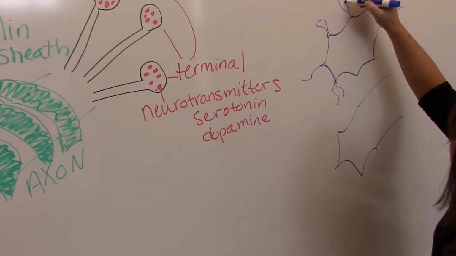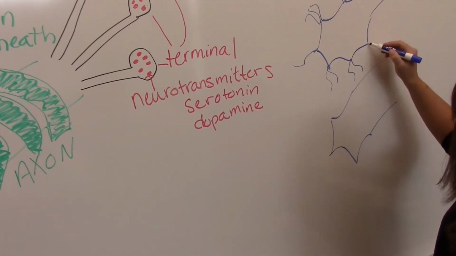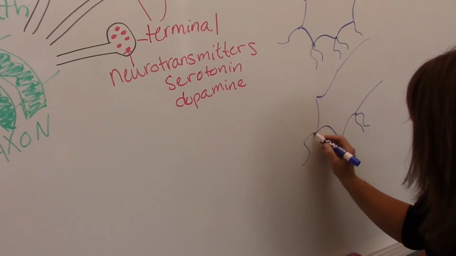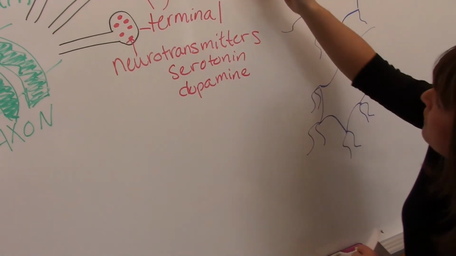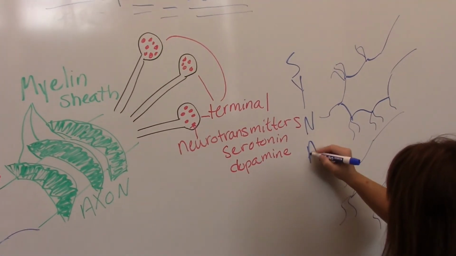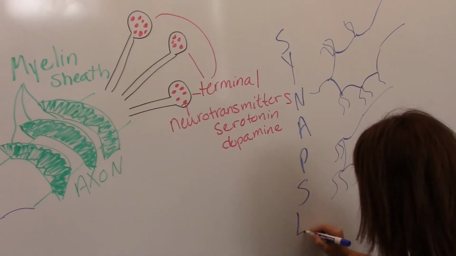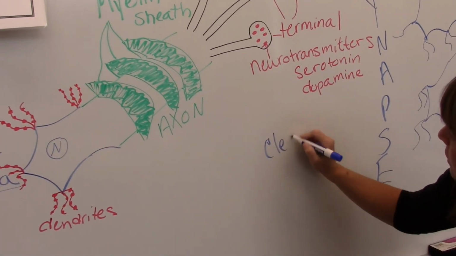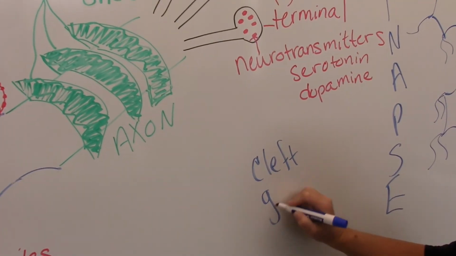The space between the two neurons is called the synapse, sometimes called the synaptic gap or the synaptic cleft. So that would be like right in here, this space, synapse.